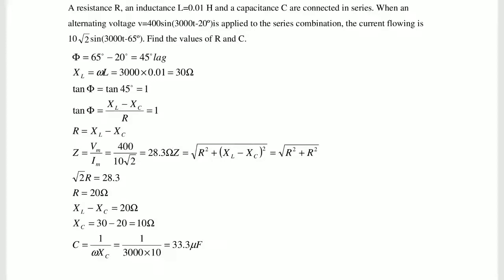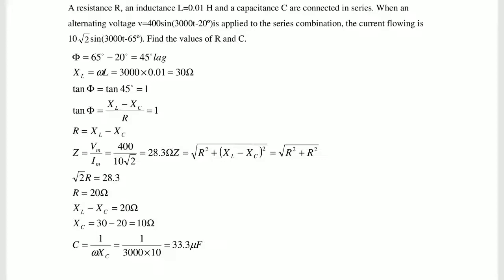Compare the phi values, 20 degrees and 65 degrees. In current, minus 65 degrees is a higher value compared to minus 20 degrees in voltage. So we can say the nature of the circuit is inductive.